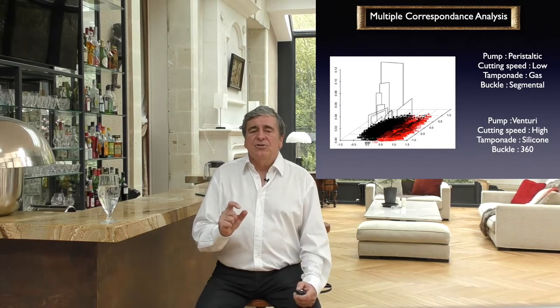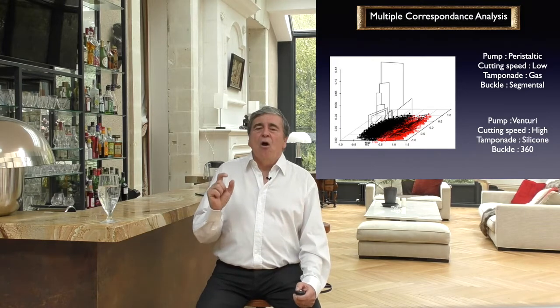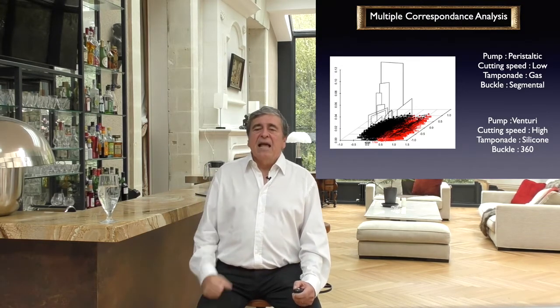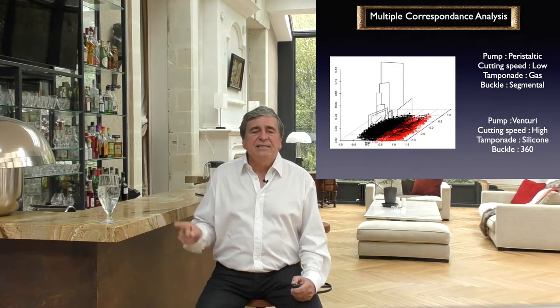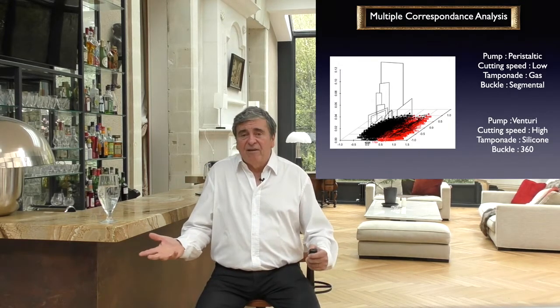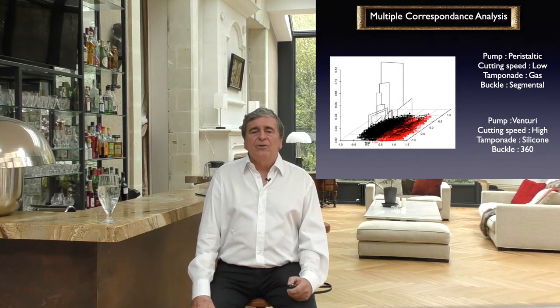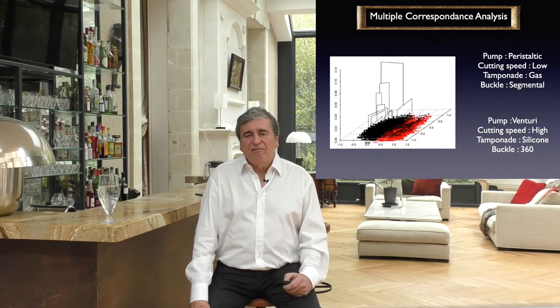Venturi users preferentially use high-speed cutting, install more 360 encircling backing because they leave more anterior vitreous, and inject more siliconoid to prevent the greater risk of post-op PVR. So, why not? We have the right to be a little more aggressive.